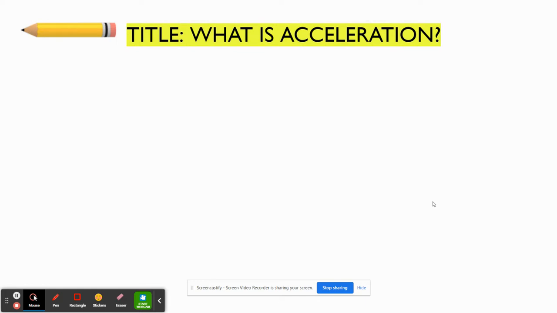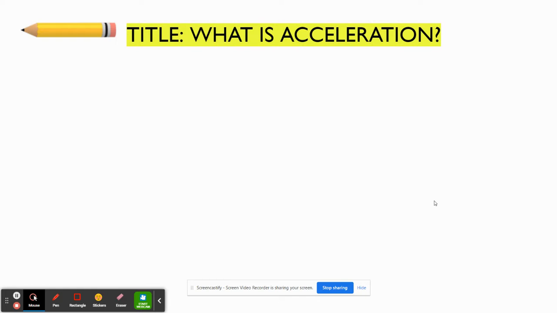What you're really talking about is how fast can something speed up or slow down? Or in the case of physics, how fast can something change direction? We're not just talking about a car that can go 150 miles per hour. That's cool, but how fast could it go from 0 to 150 miles per hour?